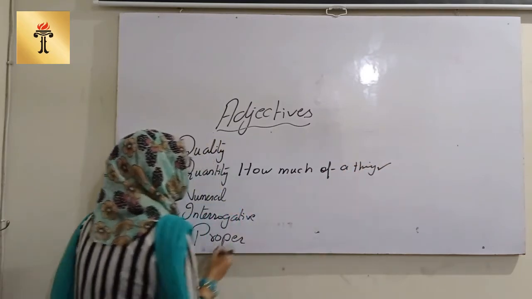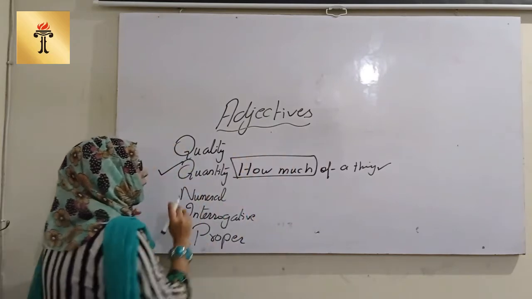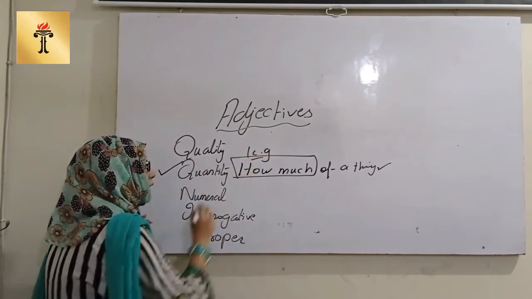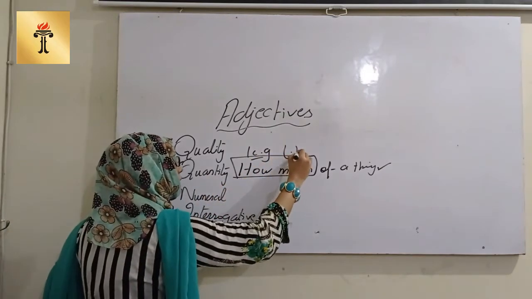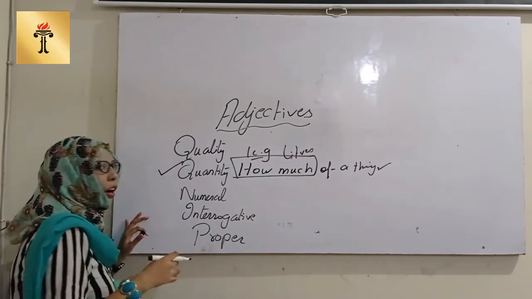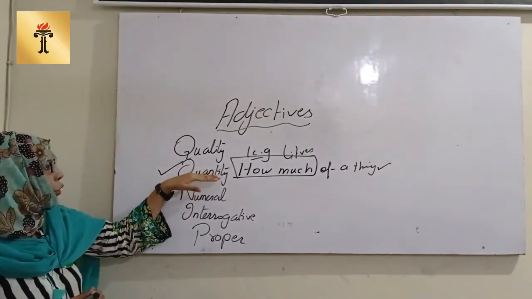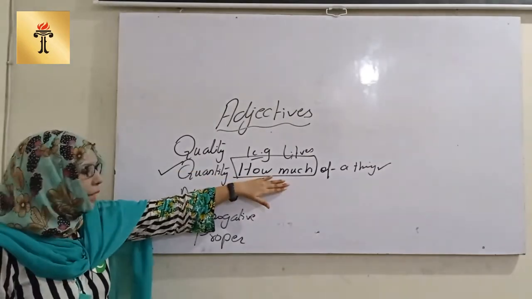When you have to estimate how much of the thing there is, that is the quantity. It can be in kilograms, it can be measured in liters, it can be many different things, but when you use a quantitative adjective before the noun, it measures how much.